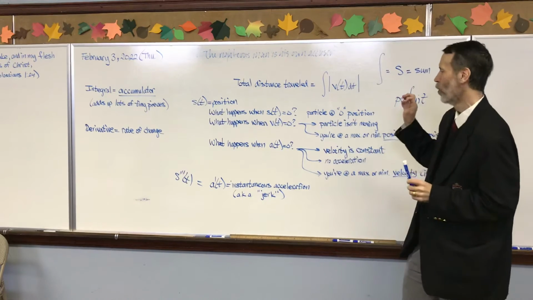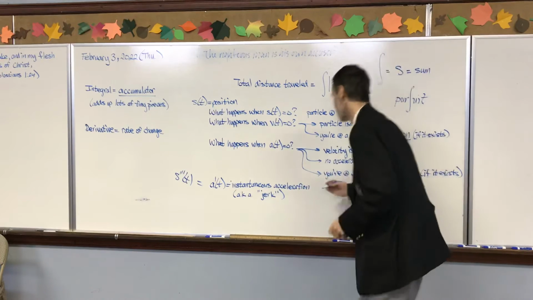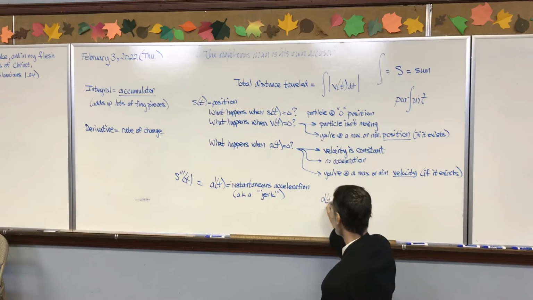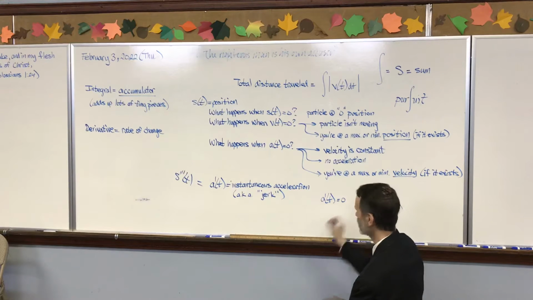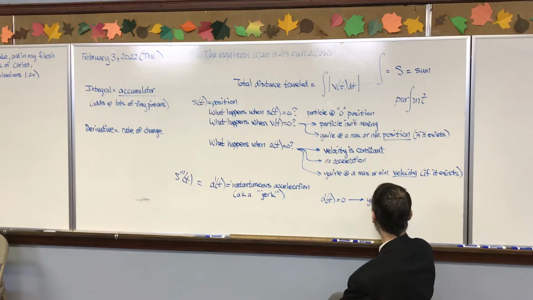But is the third derivative ever useful? Yeah. If the third derivative, a prime of t (we don't have a special letter for it), is 0, then you're at a max or min acceleration.